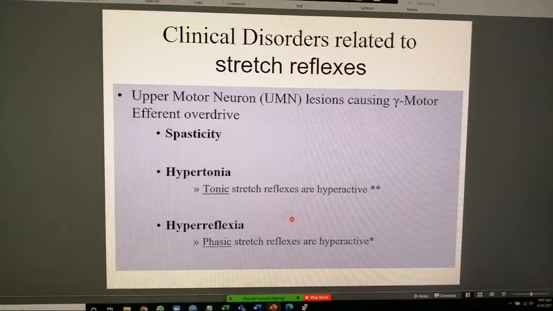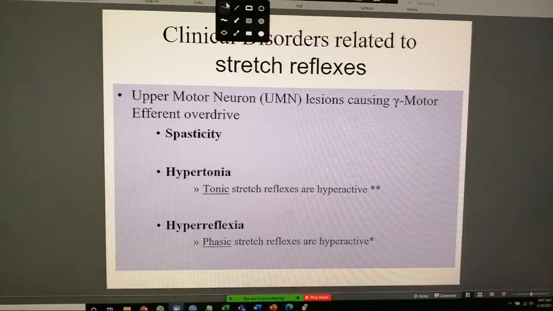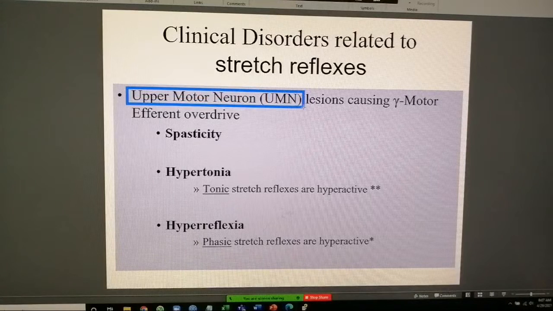So with all of that in mind, now we'll be looking at this thing called the upper motor neuron lesion. Ever heard of this? Has anyone heard of this term before?